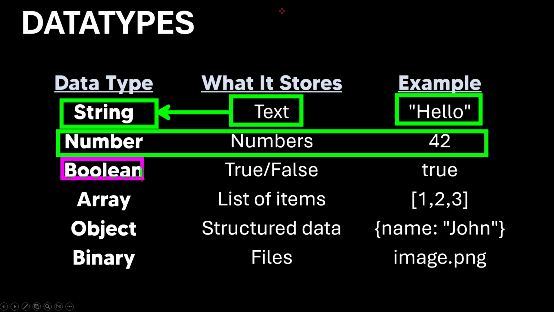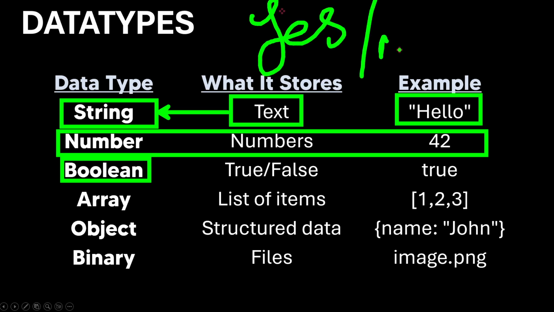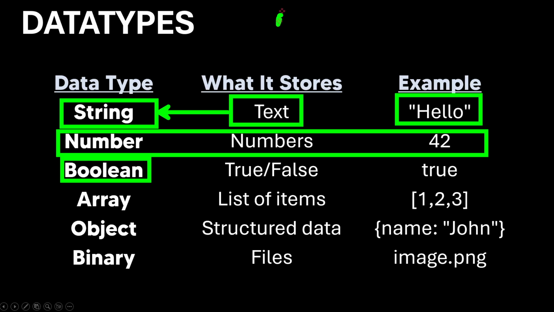Okay, a boolean, think of a boolean as like saying yes or no. Technically we don't call it yes or no; think of it as turning the switch on and turning the switch off, right? A boolean is technically true or false, or like saying ones and zeros in a computer. A boolean can only have two values, true or false.